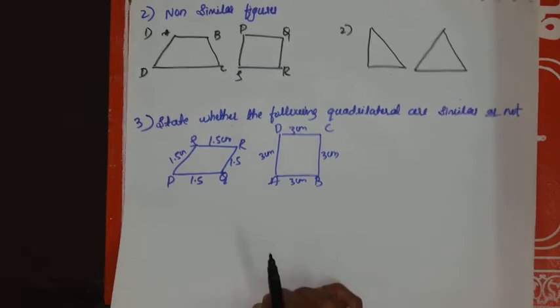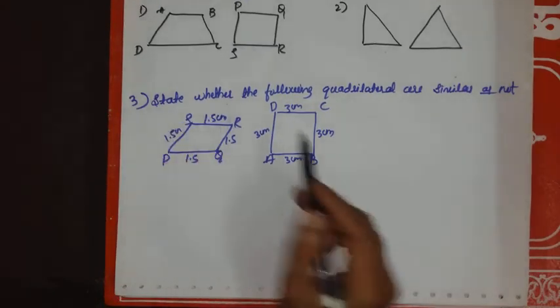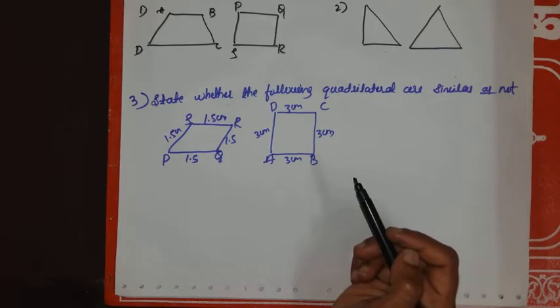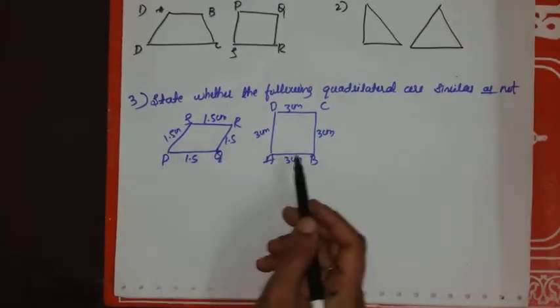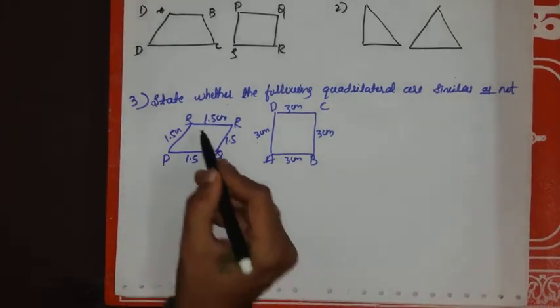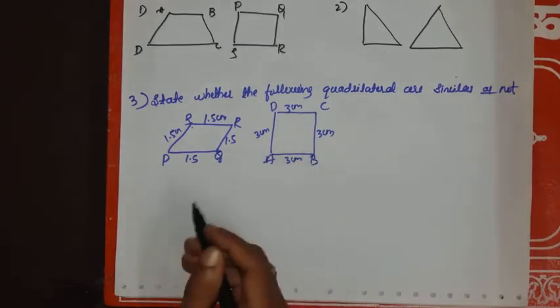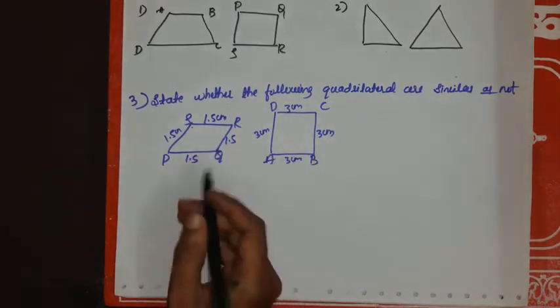Next, the third question is to state whether the following quadrilaterals are similar or not. We have to see whether these are similar or not. Here the angles are different.